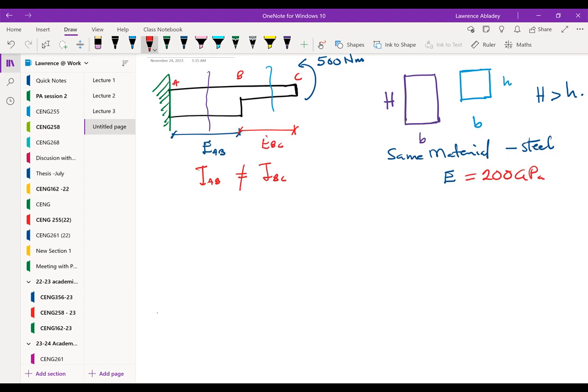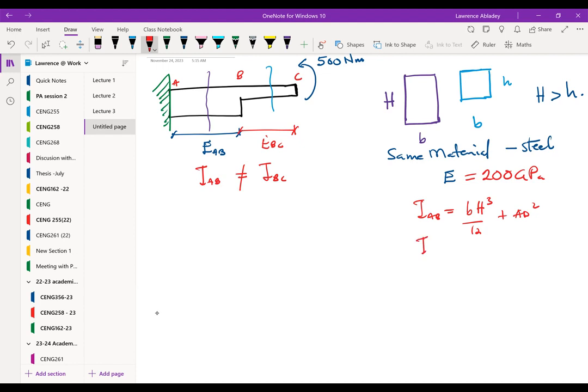Normally, if you are finding the moment of inertia with respect to a reference point, it's BH cubed over 12 plus A D squared, assuming it's not passing through the centroid. If it's passing through the centroid, the A D squared goes to 0.